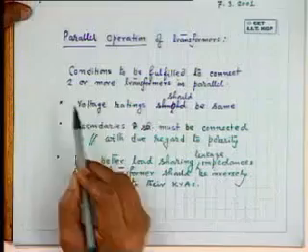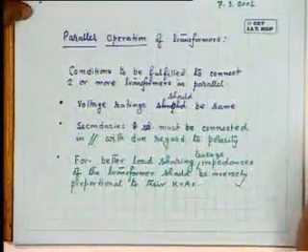Now, before I go to the connection diagram, there are several conditions to be fulfilled in order to connect two or more transformers in parallel. It need not always be two. Three transformers operating in parallel supplying a load is also possible. The first condition is that the voltage rating should be the same.